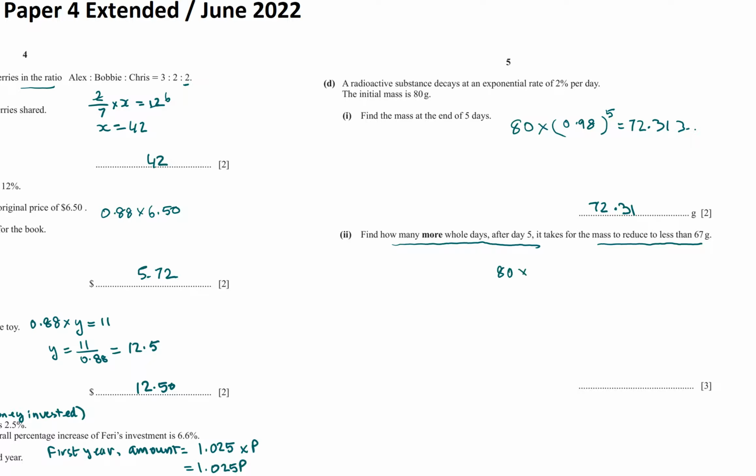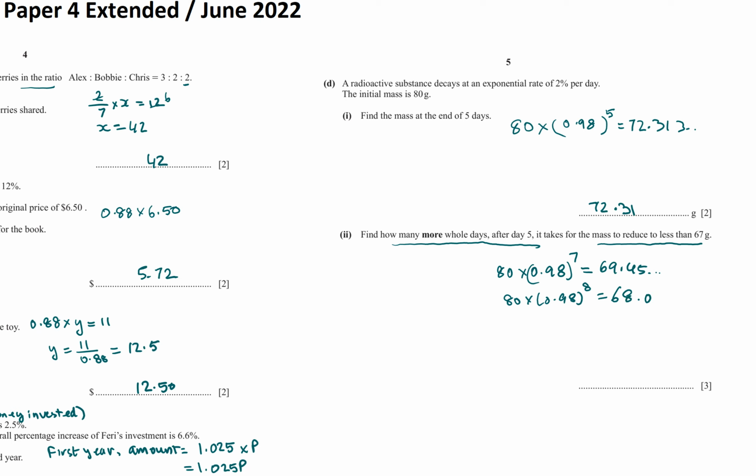If I did 80 times 0.98 to the power 7, I would get 69.45. So then it has to be more. So why don't I try 80 times 0.98 to the power 8. So I get 68.